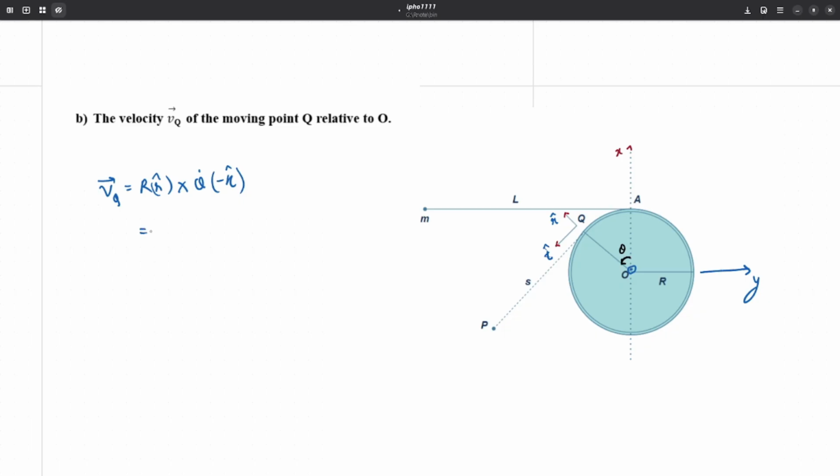Solving this, we get r theta dot times t cap. From A, we came to the conclusion that r theta dot is equal to minus s dot. Hence, we can write VQ relative to O to be equal to minus s dot t cap.